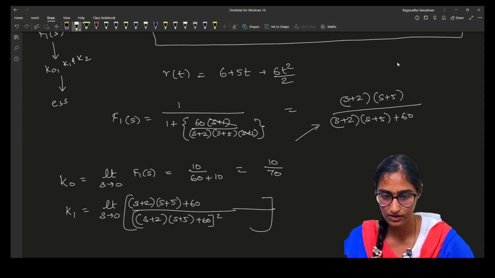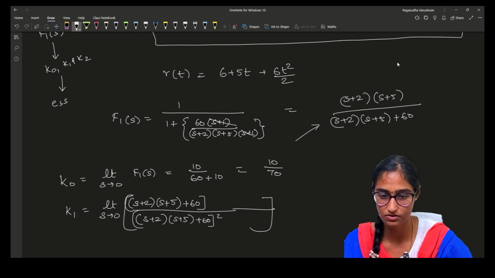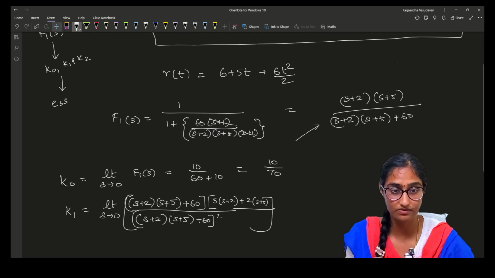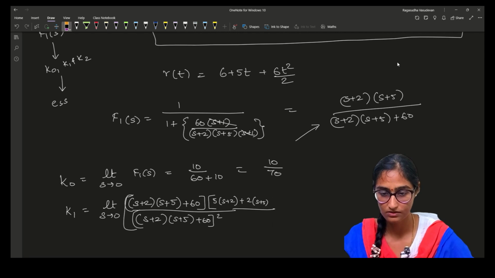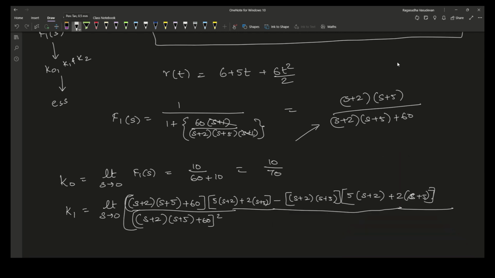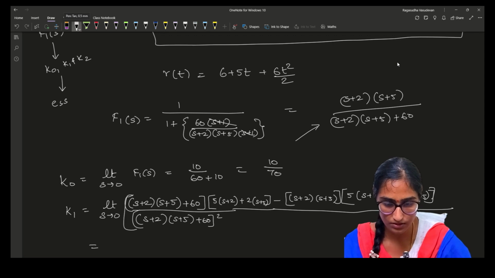Write the denominator multiplied by differentiation of the numerator, which is going to be just 5 into S plus 2 plus 2 into S plus 5. I need even more space, minus, just write the numerator. So what is going to be K1? S is 0.